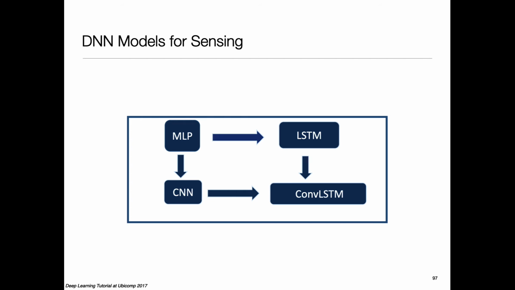These are called ConvLSTM, and generally for a lot of tasks like activity recognition, they are the highest performing, until some very recent stuff based around transformers. But it is a reasonable thing to go for.